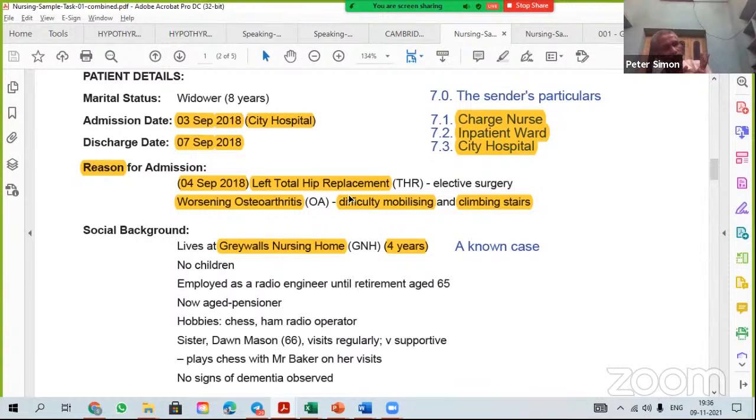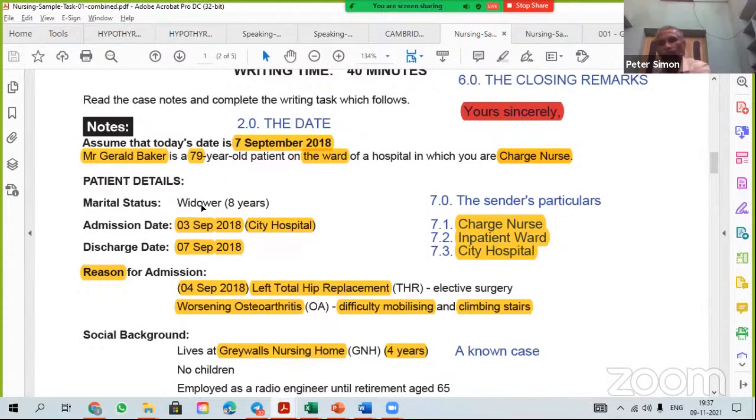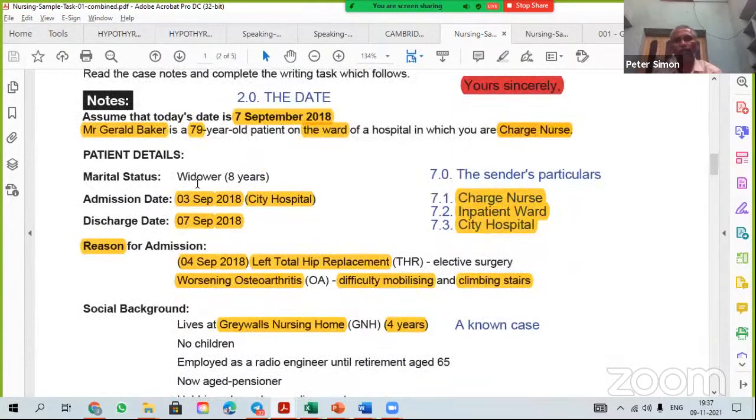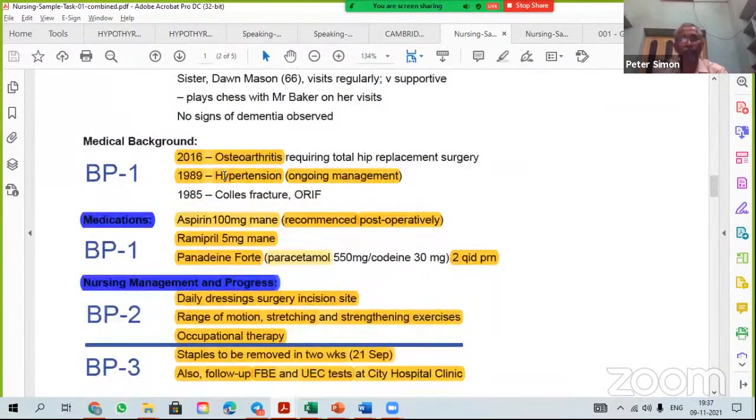The first one is diagnosed with pneumonia. Number 2. This is Gerald Baker. So try to find out the points here very clearly. Gerald Baker, right.